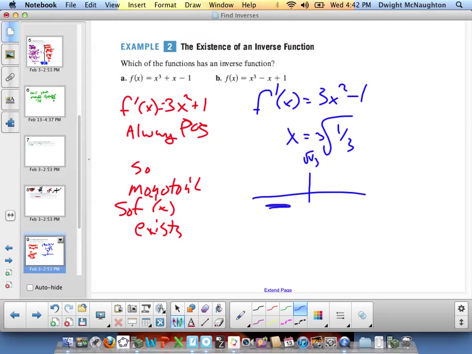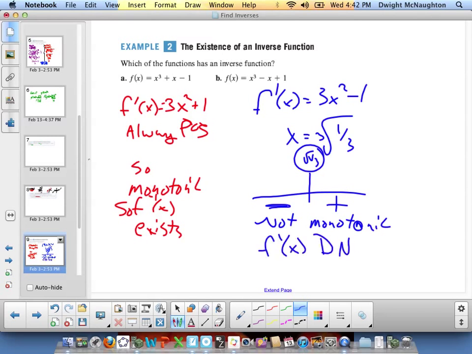At 2, it's positive. And you can see that it changes from decreasing to increasing at the square root of 1/3. It's not monotonic, so the inverse does not exist. Okay? Because it is not always increasing or always decreasing.